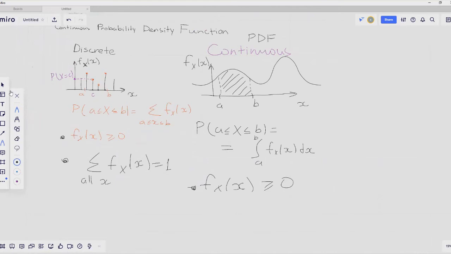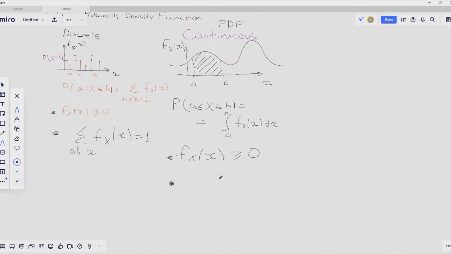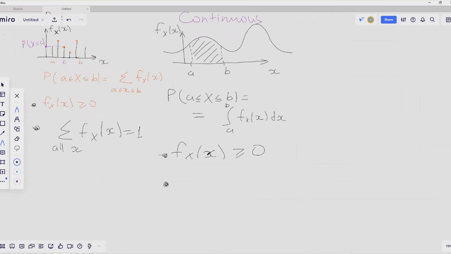We'll have a similar condition for continuous PDFs. Our x, which is a continuous random variable, is going to lie on the interval from -infinity to +infinity, meaning that an integral from -infinity to +infinity of PDF of x should be equal to 1.